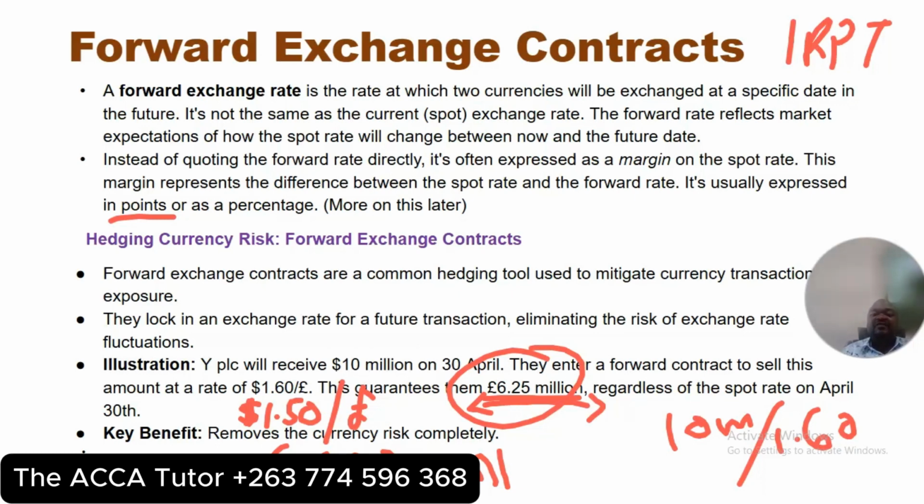However, if the rates are going to move adversely in our position, let's say for example, if the exchange rate has been 1.72 on 3rd April, it means that we are going to receive very few pounds. So if we have already entered into the forward contract, it means that we are protected from those adverse movements.